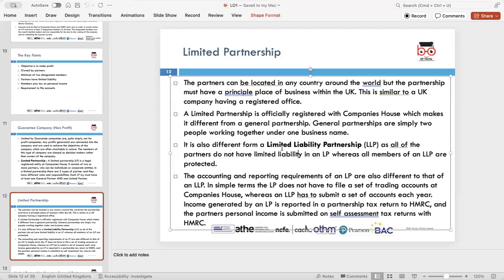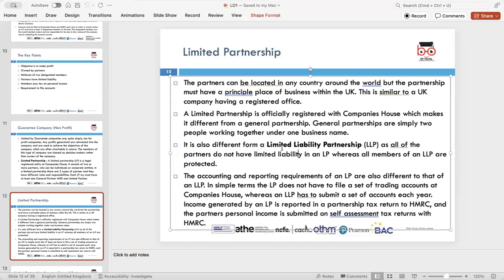The standards for accounting and reporting that are imposed on a limited partnership are also distinct from those imposed on a limited liability partnership. A limited partnership is not required to submit a set of trading accounts to Companies House, whereas a limited liability partnership is required to submit a set of accounts on an annual basis.